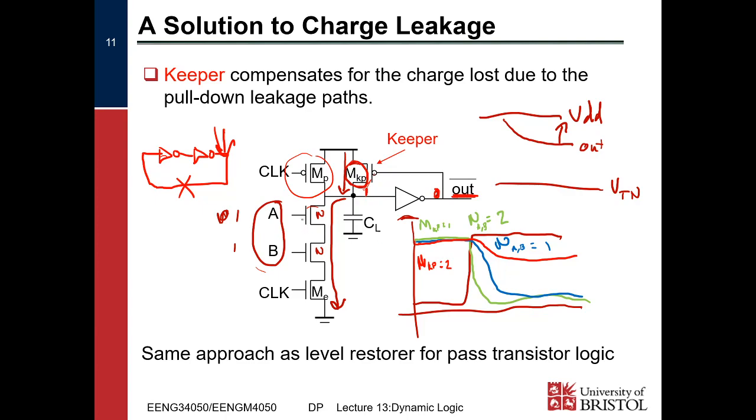And then if we make it too weak, our pull-down network will not be able to overpower the keeper transistor, and so we won't be able to get down to our 0 volts, right? So we need to make sure exactly that the ratio of transistors, like the ratio of resistances on our pull up and pull down, must be set such that the pull down can overpower the pull up. Okay?